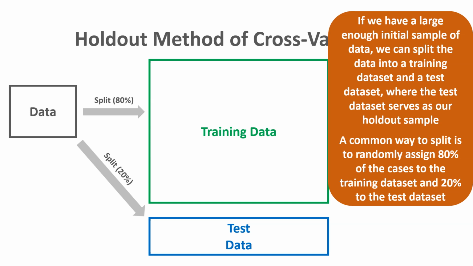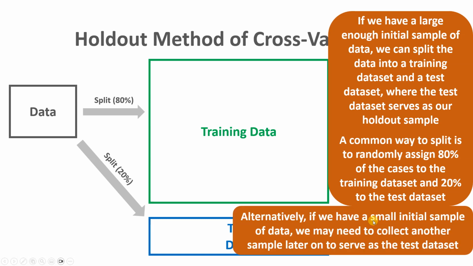And so again, if we have a large enough initial sample of data, we can split it into a training data set and a test data set, and our test data set is going to serve as our holdout sample, hence the term holdout method. Now, a common way that we split the initial data sample is the 80-20 approach, where we randomly assign 80% of the cases from the initial sample to the training data set and 20% to the test data set.